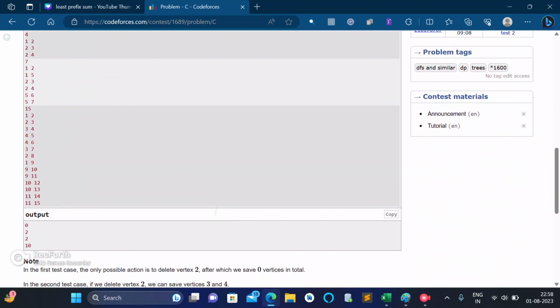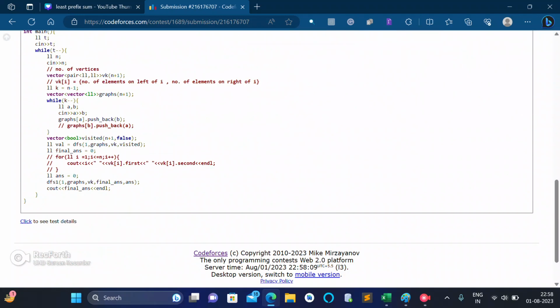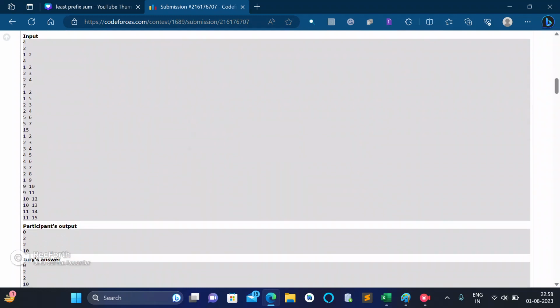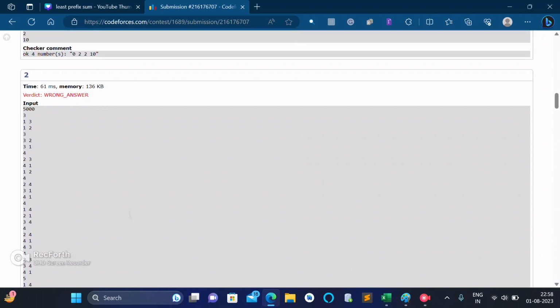So let's make a big tree and let's discuss the approach. There is a very good example. Let me open that example here. I found a good example which will help you understand the question in a better way.